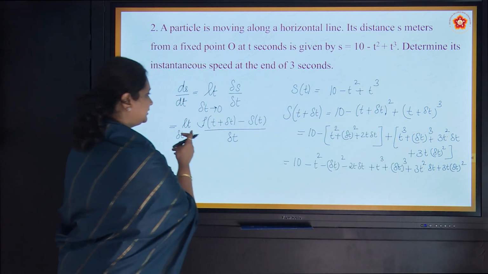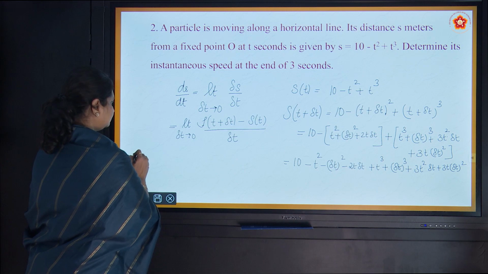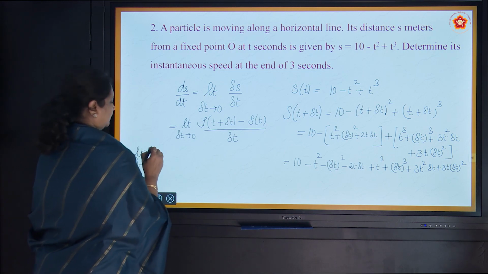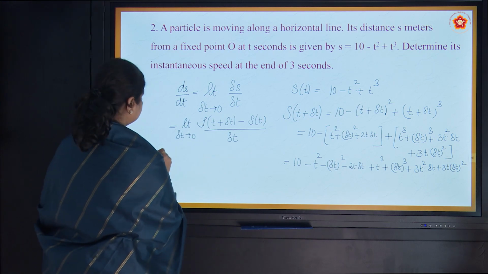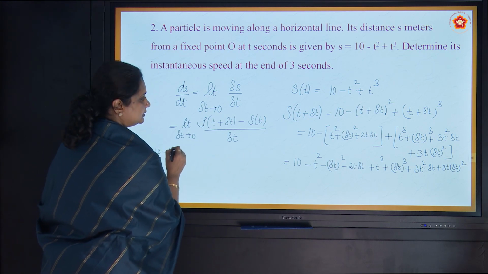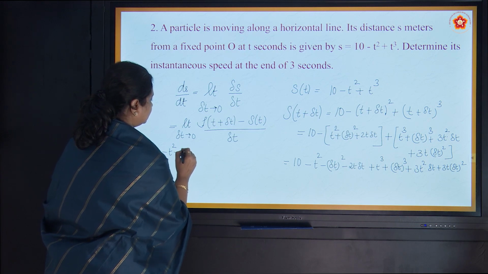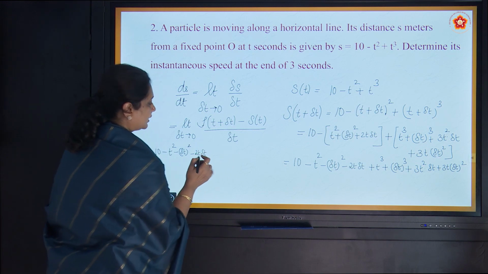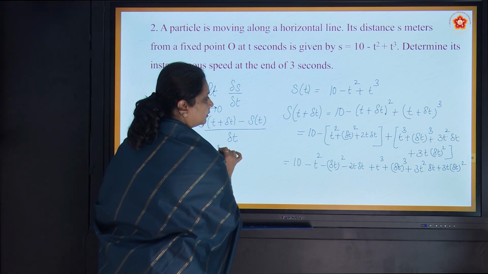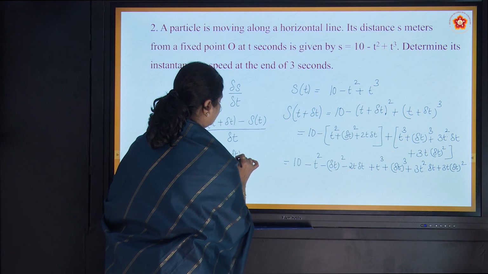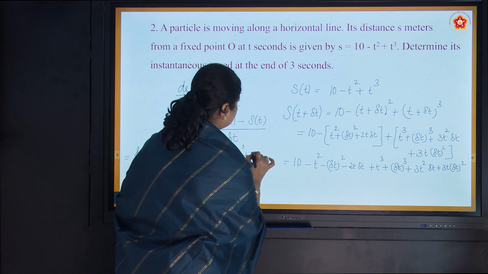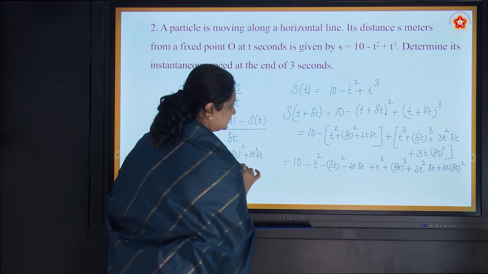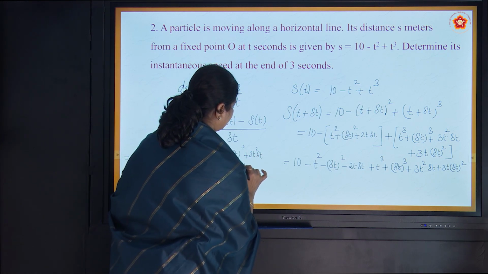Now let's substitute it here. We have s of t plus delta t here: 10 minus t square minus delta t the whole square minus 2t delta t plus t cube plus delta t the whole cube plus 3t square delta t plus 3t delta t square.